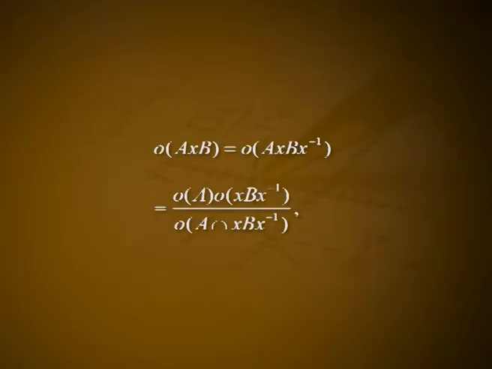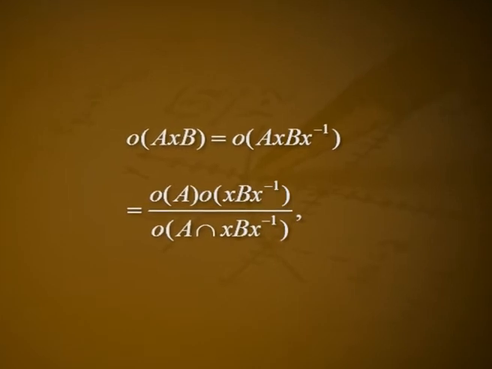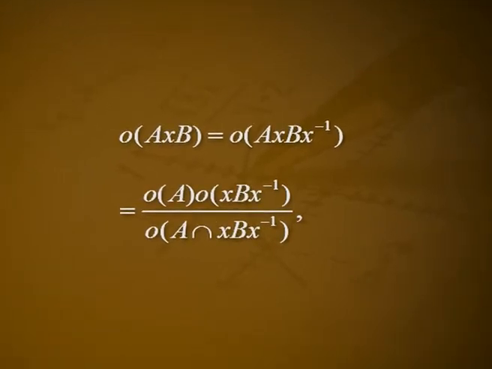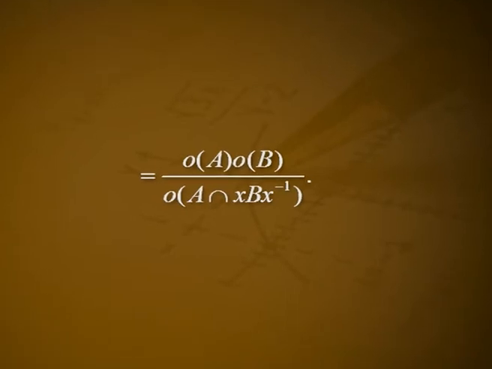Thus the order of AxB is equal to the order of AxBx⁻¹, which is equal to the order of A times the order of xBx⁻¹ divided by the order of A ∩ xBx⁻¹, since xBx⁻¹ is a subgroup of G of order equal to the order of B. That is equal to the order of A times the order of B divided by the order of A ∩ xBx⁻¹.